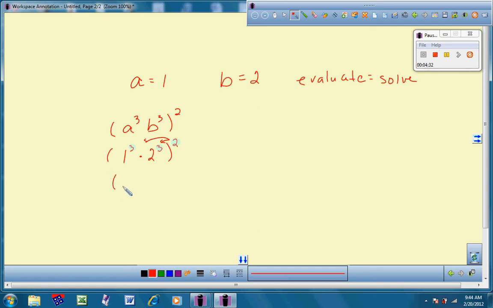So we would get 1 to the 6th times 2 to the 6th. 1 to the 6th evaluated is 1. 2 to the 6th is 64. 1 times 64 is 64.